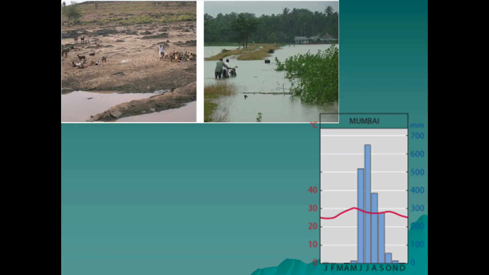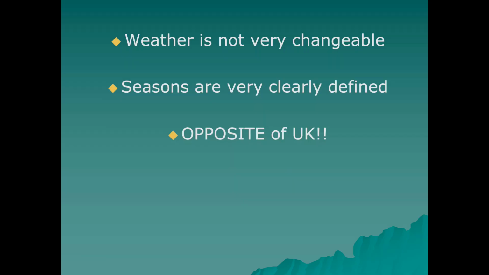You've got incredible variations, whereas in the UK, although we do have seasons, they are not radically different to each other. It could rain in January, it could rain in July. They're different, but they sort of merge into each other, whereas in the tropical monsoon, it is absolutely characterised by very different seasons. All right, so that is the first thing to know.